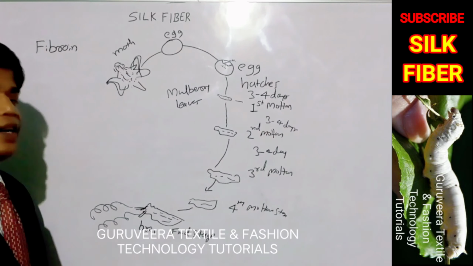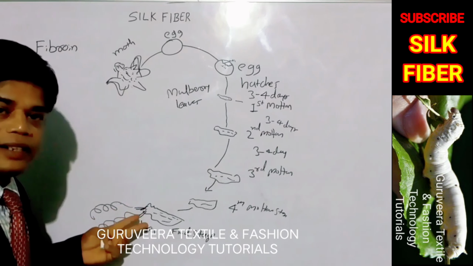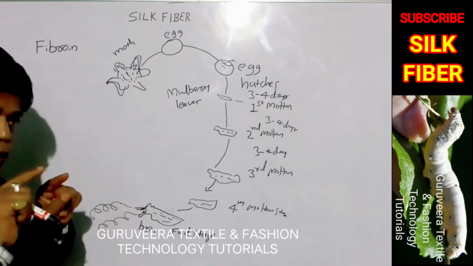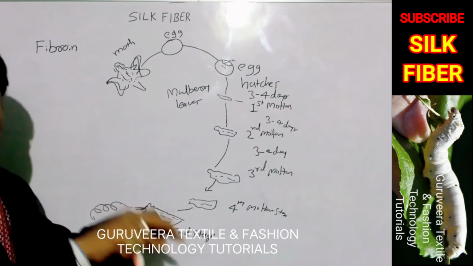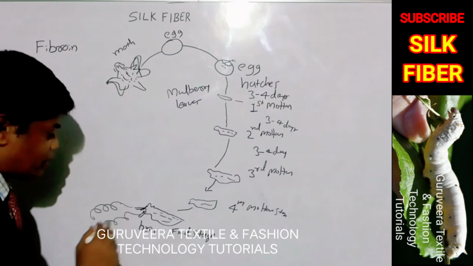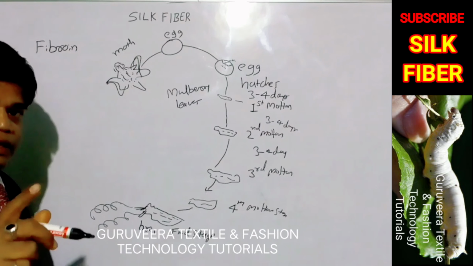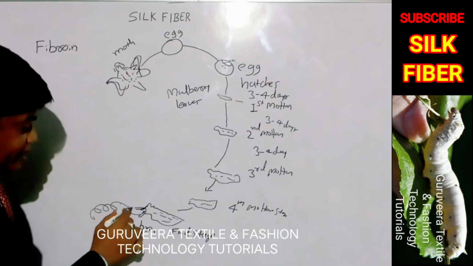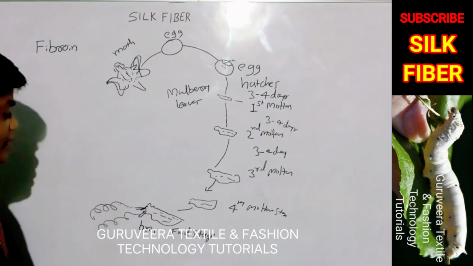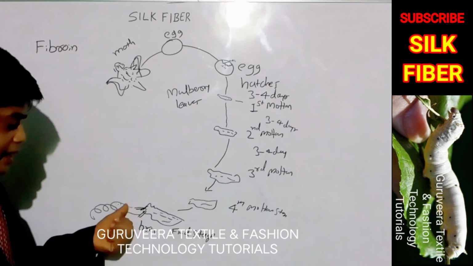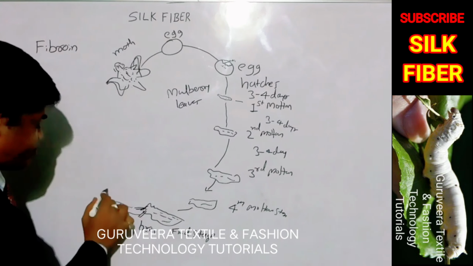One more point here is that there are 2 spinnerets, as 2 brains are there, so a pair of filaments is coming out. And there is another substance, called sericin.